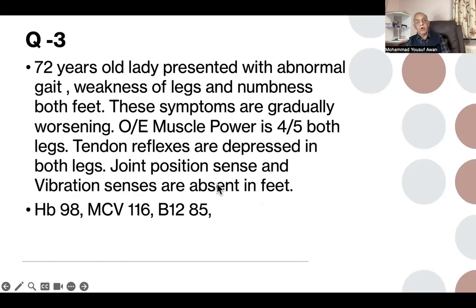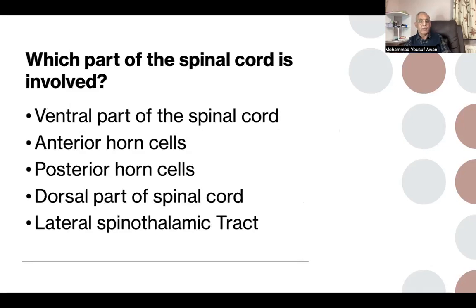So which part of the spinal cord carries these sensations? The dorsal columns. The dorsal column carries the information about joint position sense and vibration. So this is a problem with the dorsal column, or posterior column, of the spinal cord.